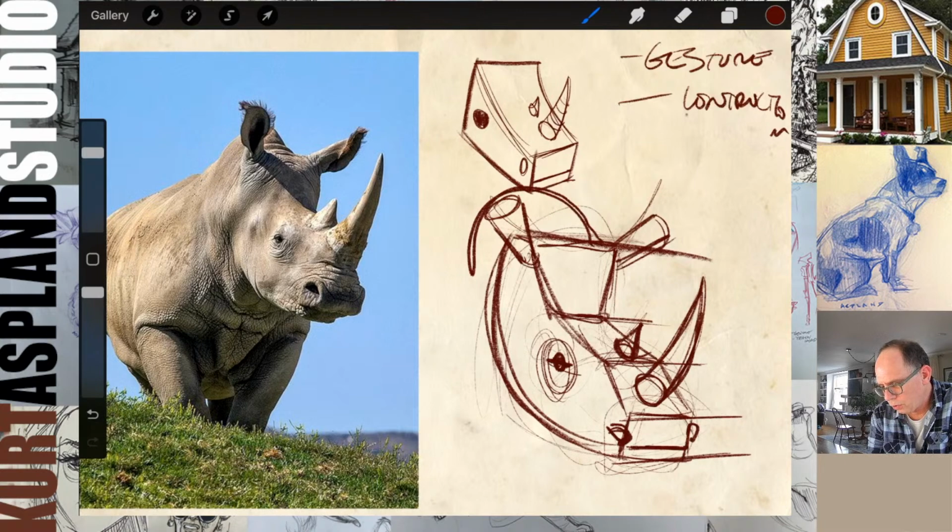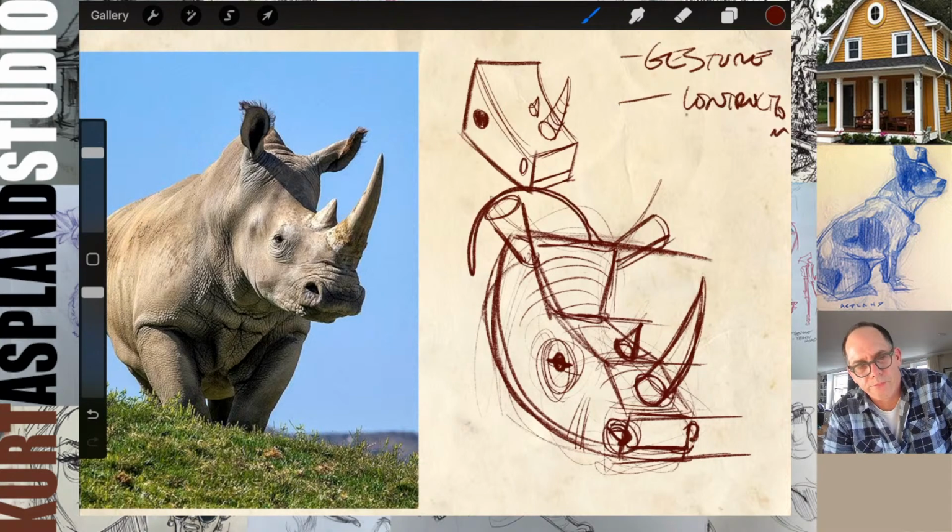So then we come in here with surface lines and start to just work these forms. So that is a really good approach if you come up with an animal that you're just not sure of: you start thinking of these masses and how you can break them down.